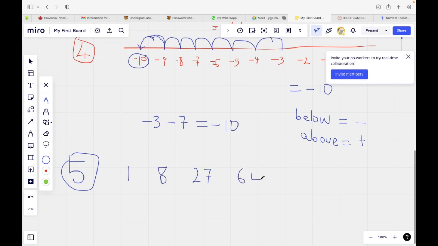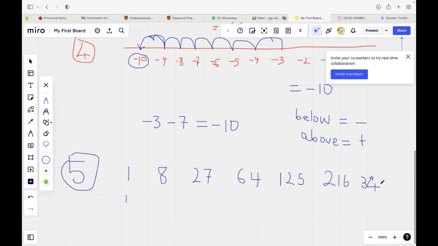These are cube numbers. 5 raised to power 3 is 125. 6 raised to power 3 is 216. Like that, in this order. All these numbers are called cube numbers. The next one is 7 raised to power 3, which is 343.